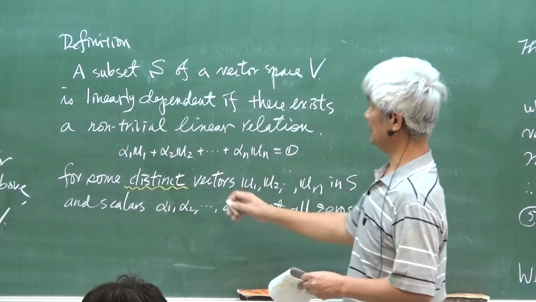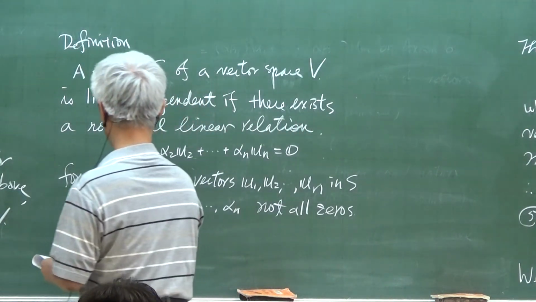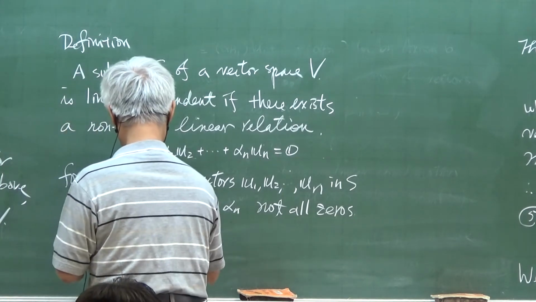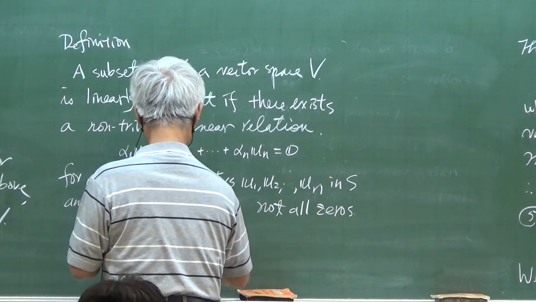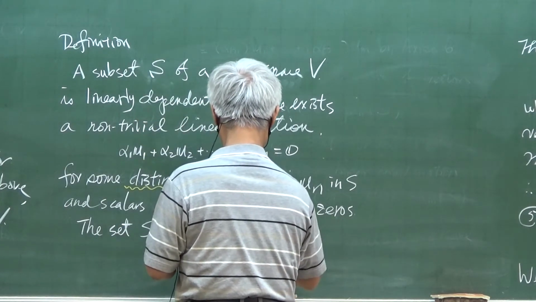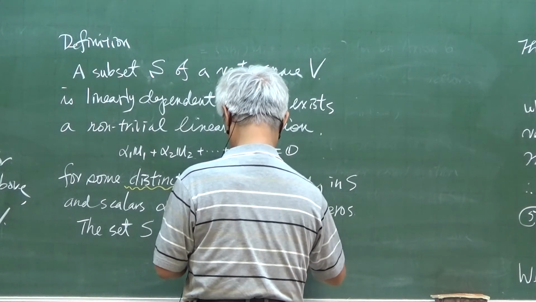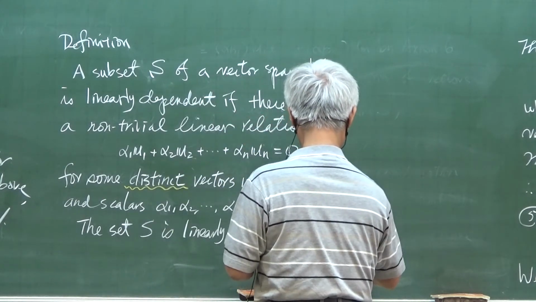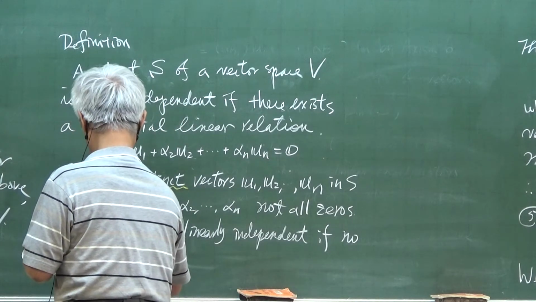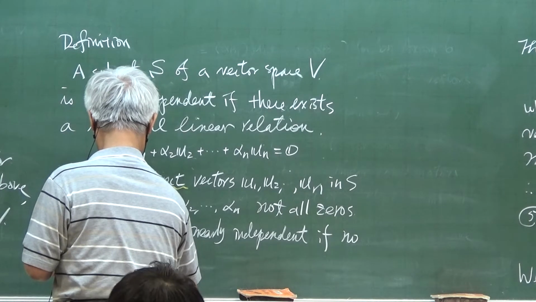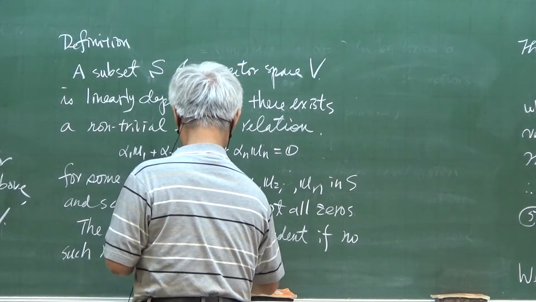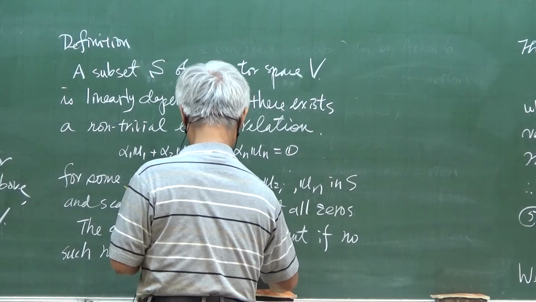Now the last sentence: the set X is linearly independent if no such non-trivial linear relation exists.